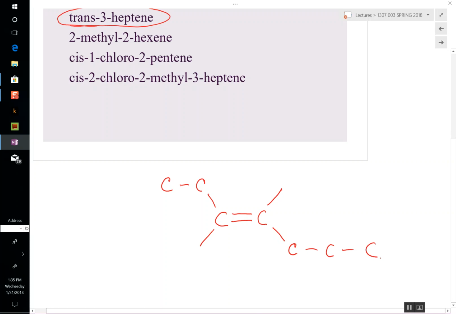Now I've got the skeleton, the backbone of this thing, and I can just put my hydrogens. I only have 1 hydrogen here and 1 hydrogen here. They are trans to one another. We come in one side of the double bond and we go out the other side of the double bond. We don't continue on the same side of the double bond.